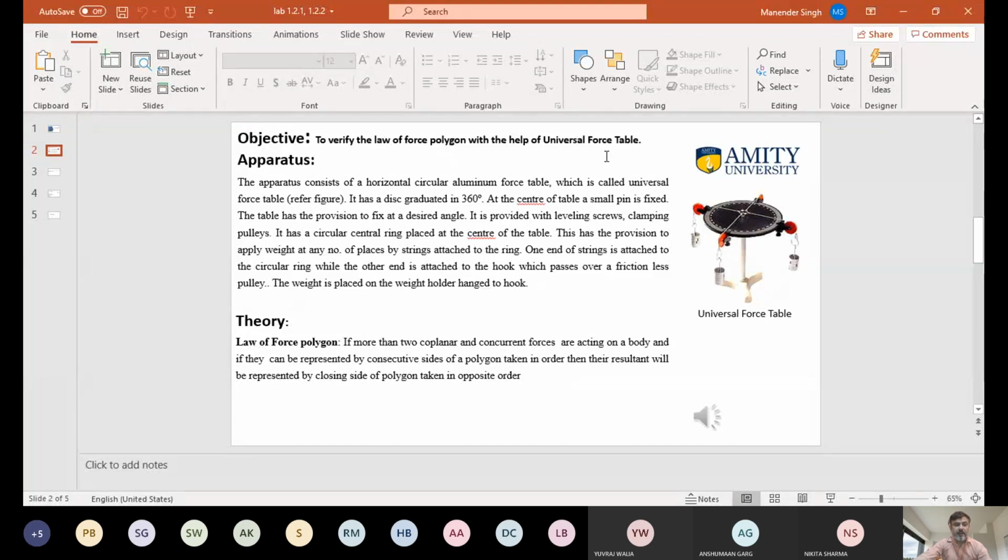To verify the law of force polygon with the help of the universal force table.